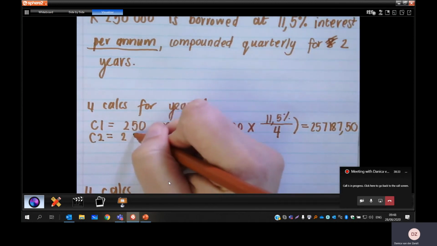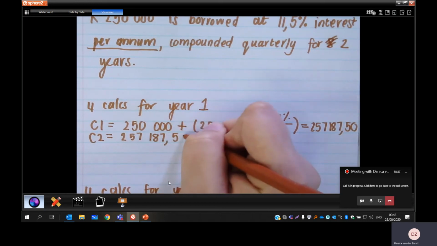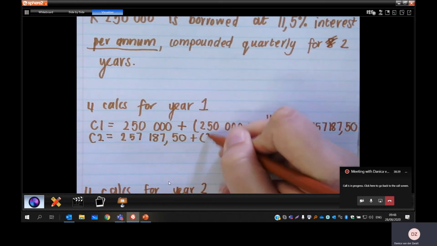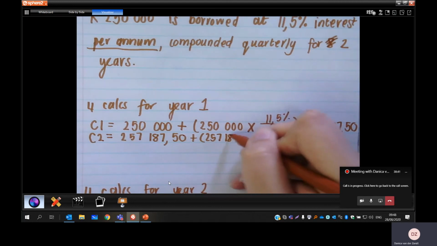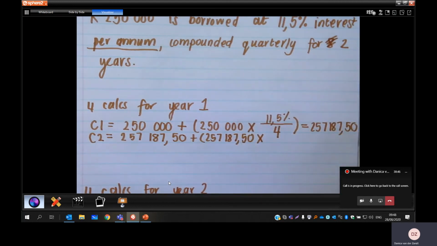So now I'm going to start with 257,187.50 plus 257,187.50 times, and you can use the 2.875 immediately if you wanted to, or we can leave it by dividing by 4.